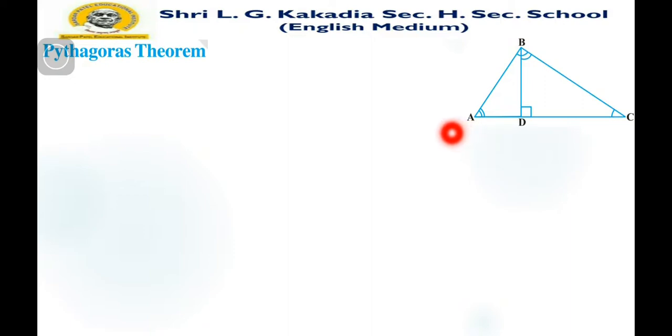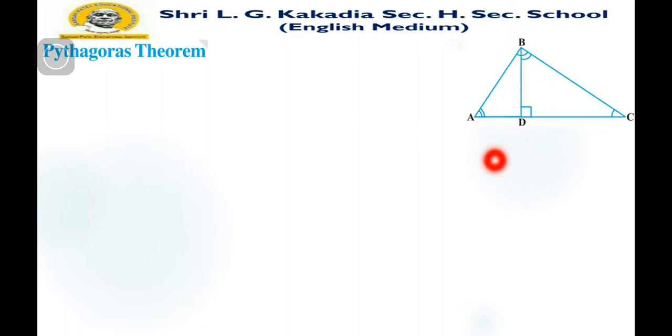You can see that this perpendicular divides triangle ABC into two triangles, that is ADB and BDC.